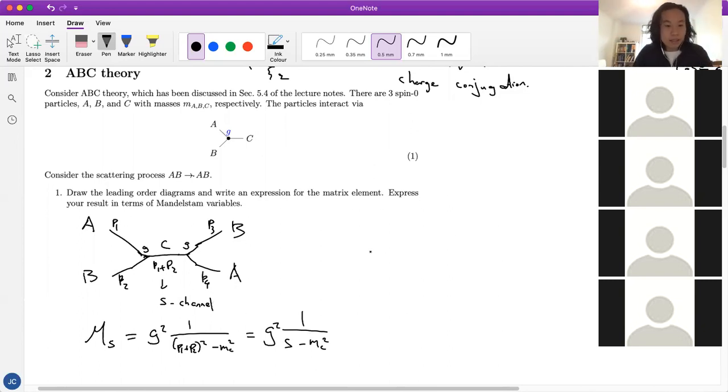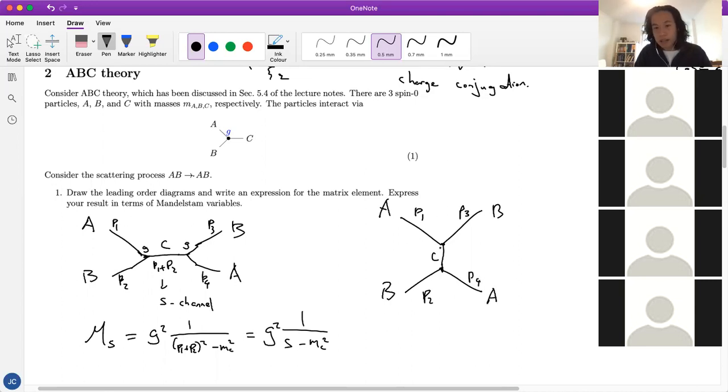And then there's another way to connect the initial and final states together. Instead of connecting P1 and P2 at this vertex, I connect P1 and P3. So I have P1 and P2 here, so I still have A and B, but I connect to P3 straight away. So that's B. And then C as a propagator comes down this way, and then this one's A, so P4 is here.